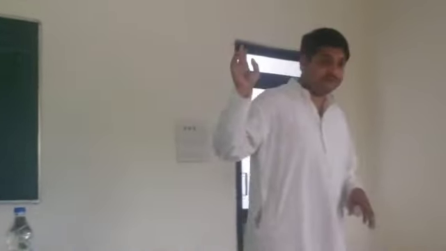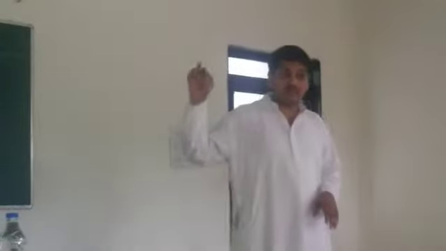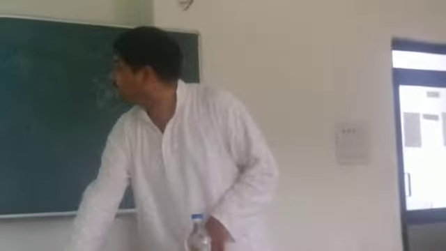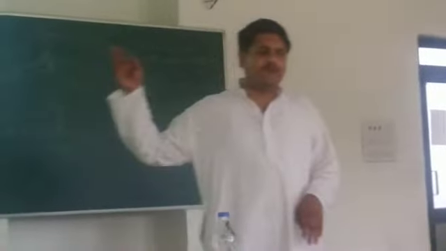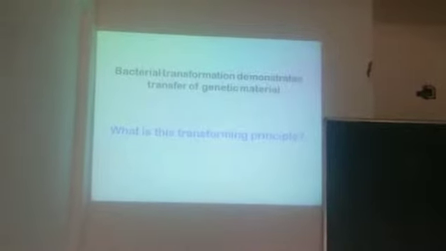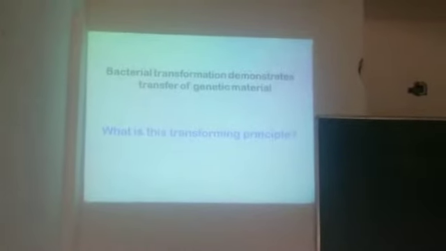Is that clear? Okay, then this occurred way back in 1928, and then for almost 16 years nobody touched this. Then they were wondering what the chemical nature of the transforming thing was. There were two schools of thought. One school of thought proposed that DNA is the genetic material.